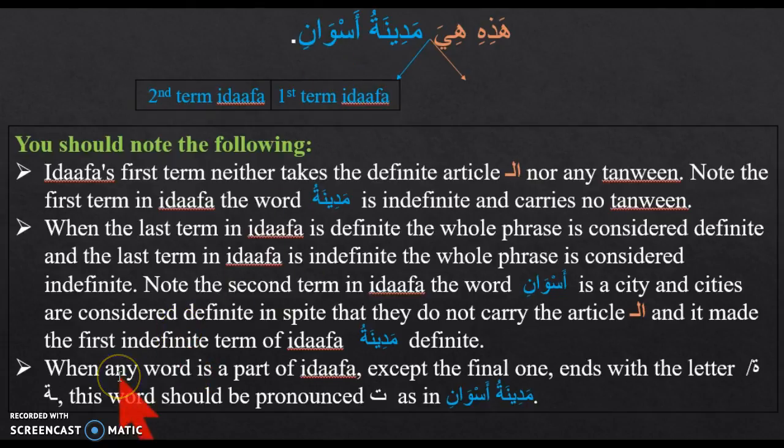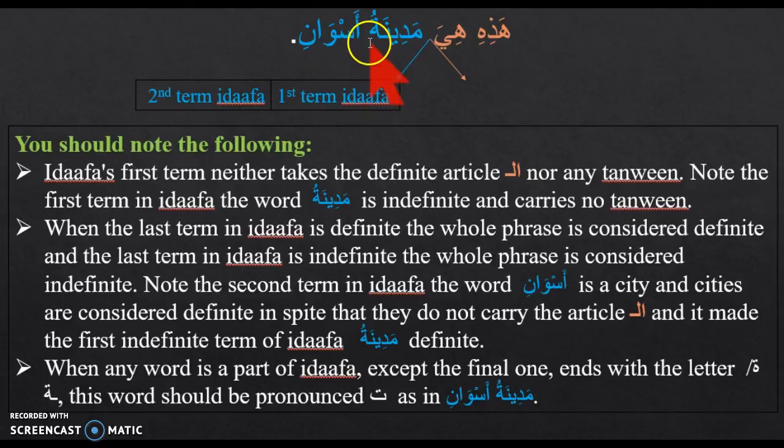The third point you need to know: when any word that is part of Idaafa, except the final one, ends with the letter ta marbuta, like here you see Madinatu, Medina, the ta marbuta pronunciation changes from an A sound to a T sound. Madinatu Aswan, Madinat Aswan.